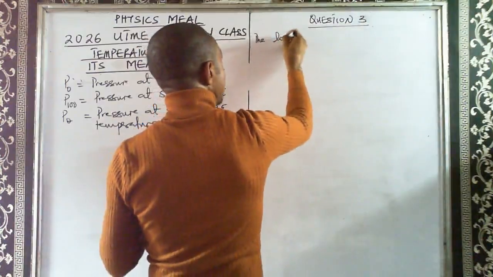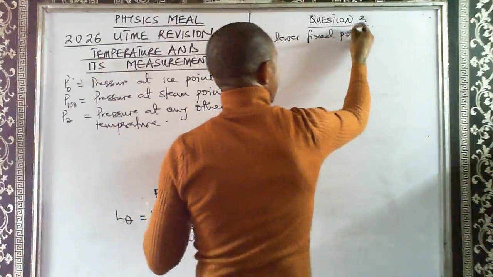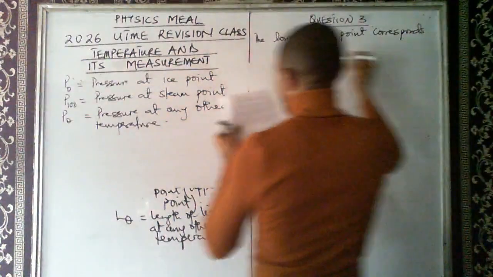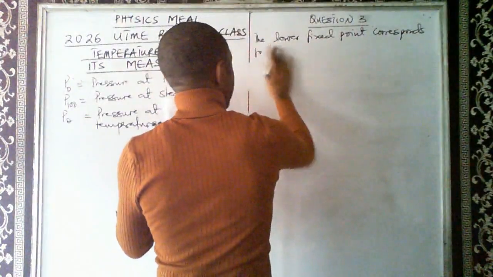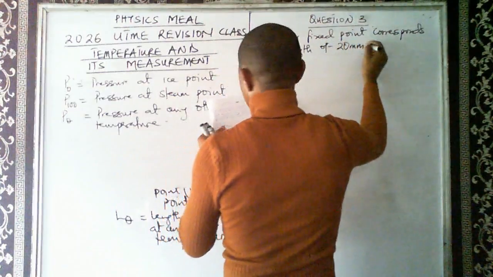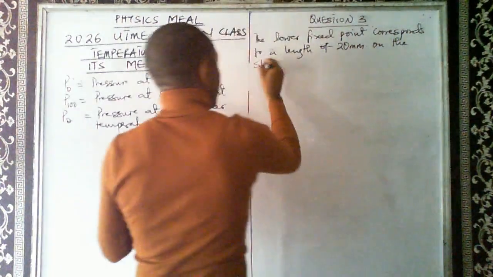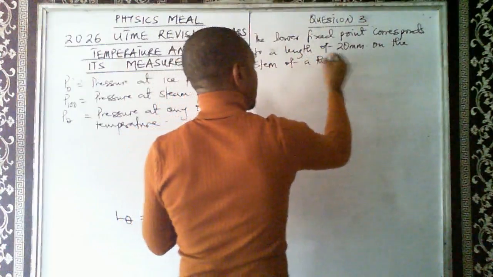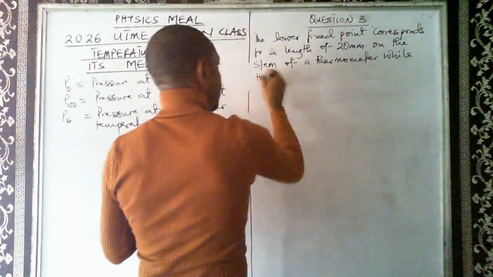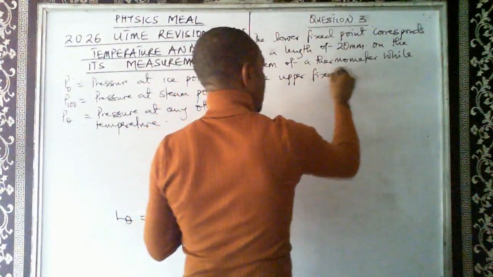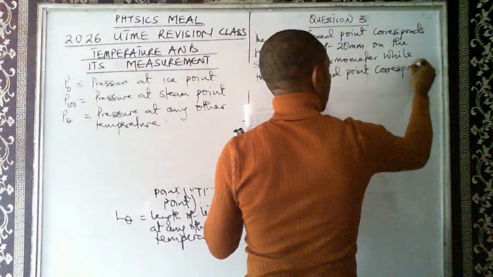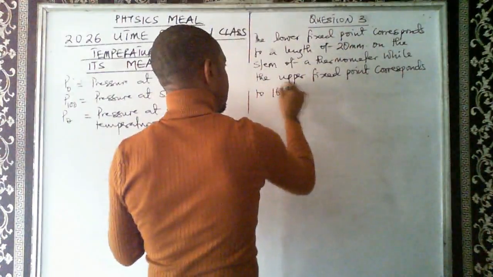They say the lower fixed point, which is the ice point, corresponds to a length of 20 millimeter on the stem of a thermometer, while the upper fixed point corresponds to 160 millimeter.